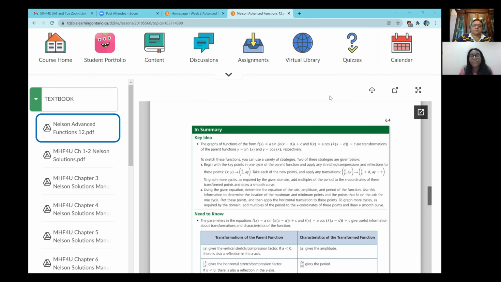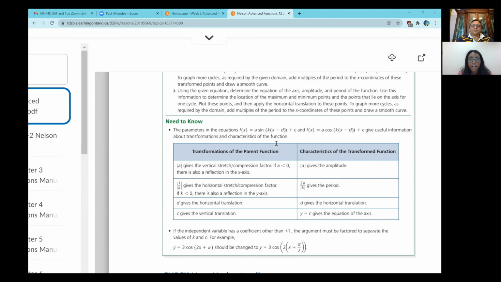Key ideas. The graphs of functions of the form f(x) = a sin(k(x - d)) + c and f(x) = a cos(k(x - d)) + c are transformations of the parent functions y = sin x and y = cos x respectively. The absolute value of a gives the vertical stretch and compression factor.